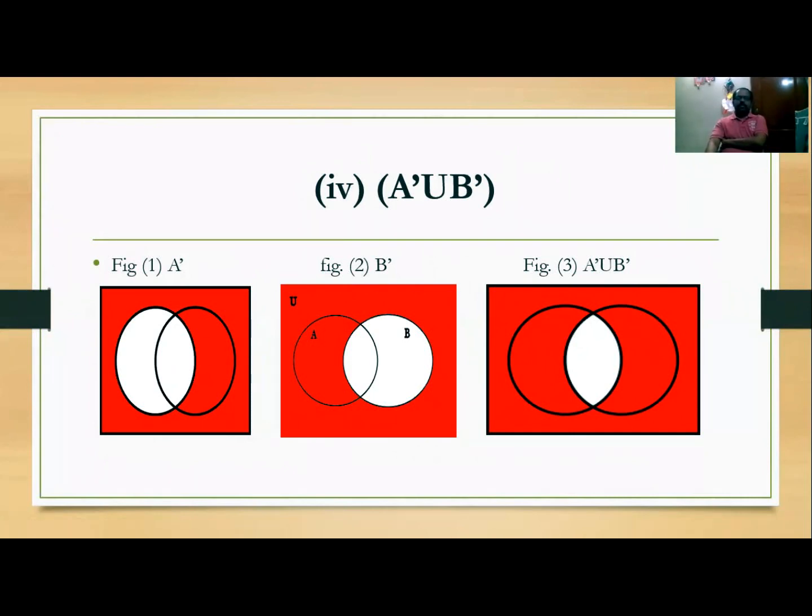In case of intersection, we draw the Venn diagram for its intersection, and now for union we need to get the union part, that is the union of A dash and B dash. If you see the Venn diagram, this one is for A dash, this one is for B dash.